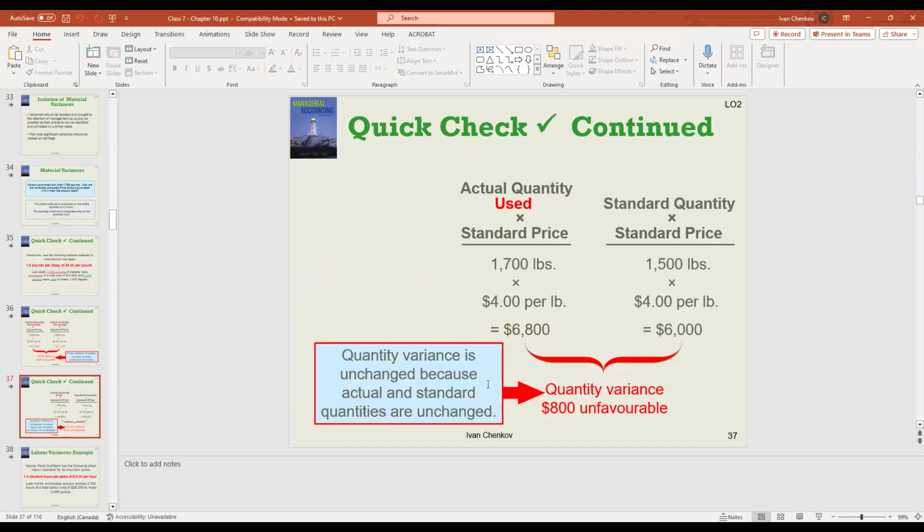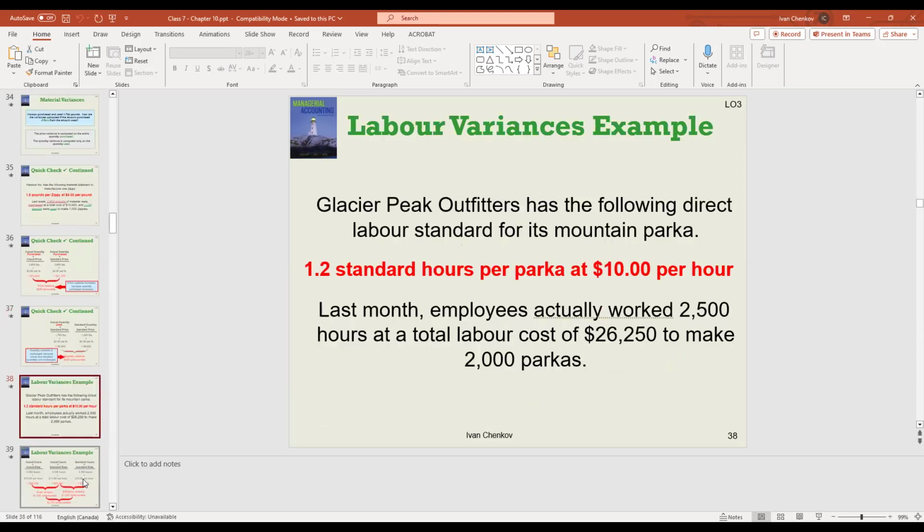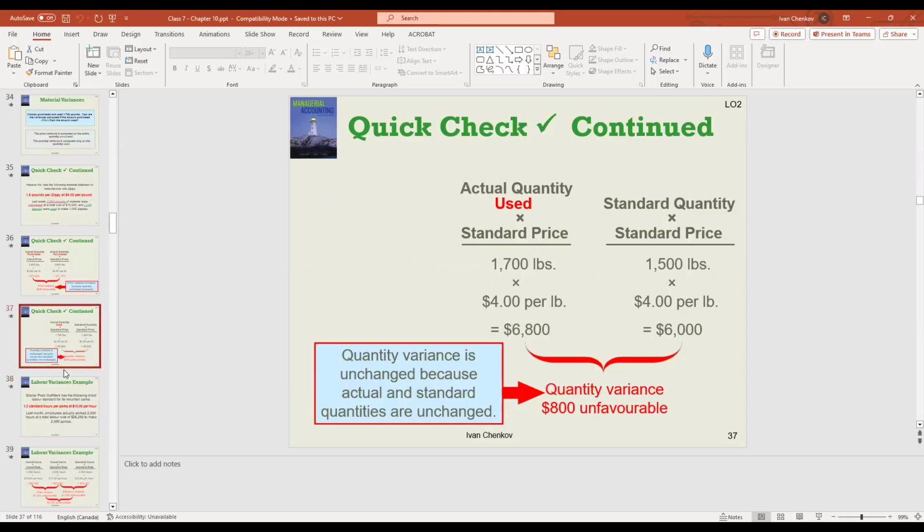For the quantity variance, we're gonna use the quantity of the material used in production versus the quantity of material needed based on our standards to achieve the actual number of production. And we're done with the direct material variances.